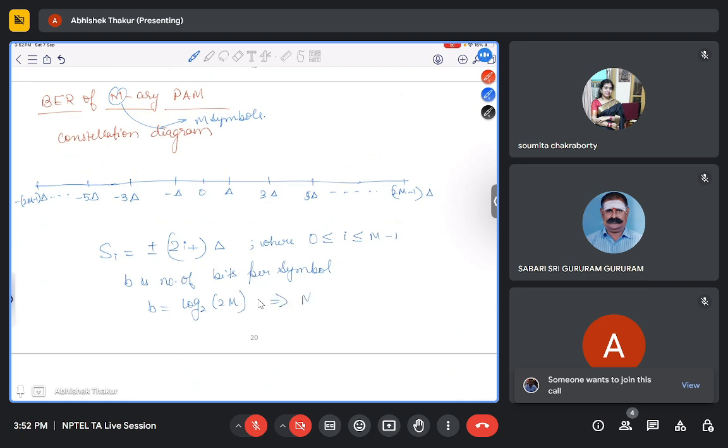So what will be the value of M? M is equal to 2 to the power of (b minus 1). So for example, let's suppose b is equal to 3, which corresponds to 8-PAM, that is 3 bits per symbol.